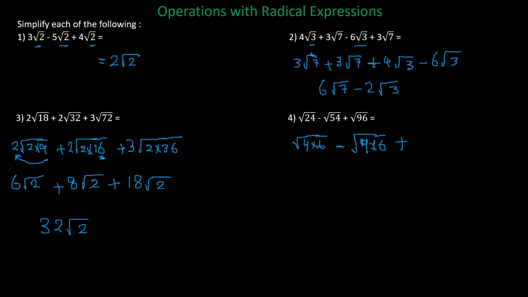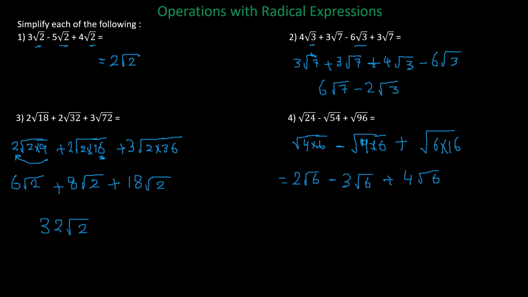And finally, 96 will be 6 times 16. So the first one will be square root of 4 is 2, so it will be 2 times root 6, minus square root of 9 is 3, then it will be 3 root 6, plus square root of 16 is 4, it will be 4 root 6.